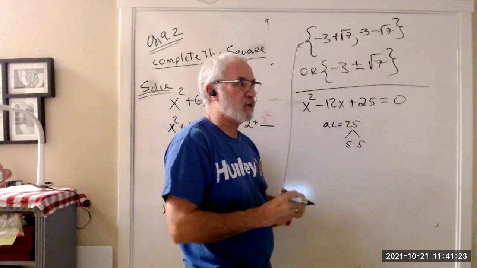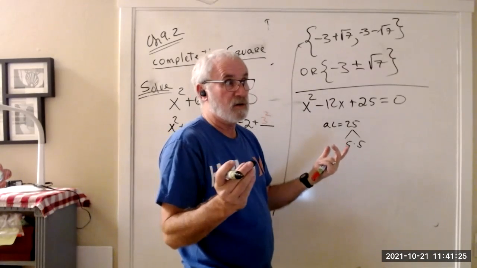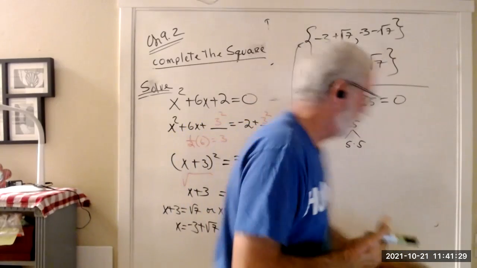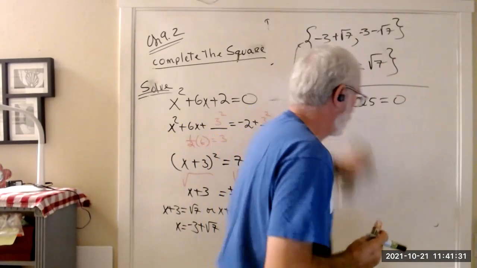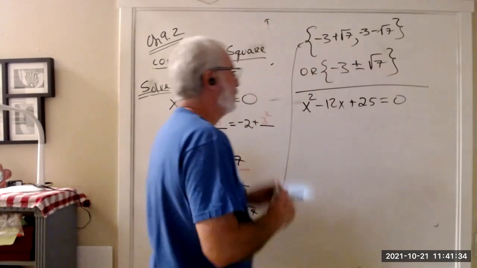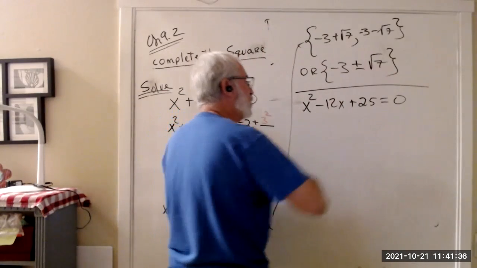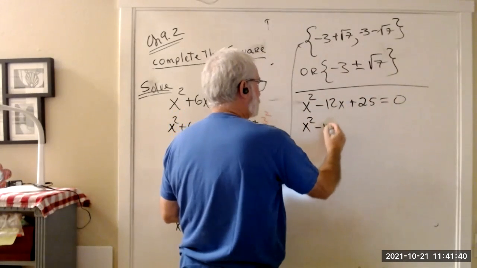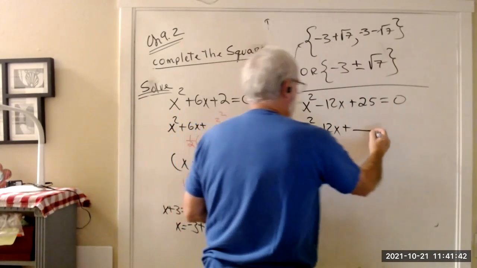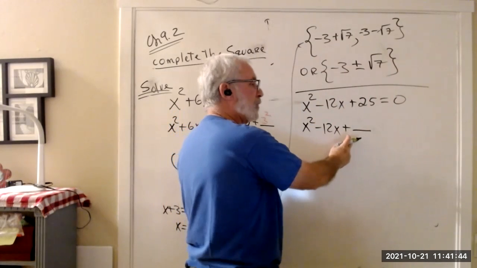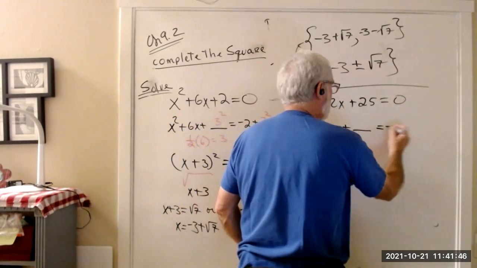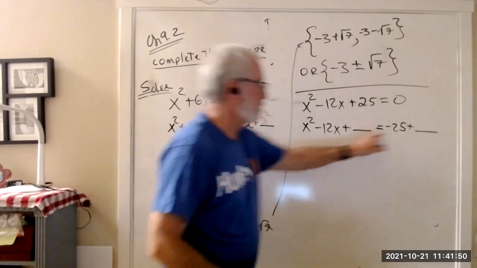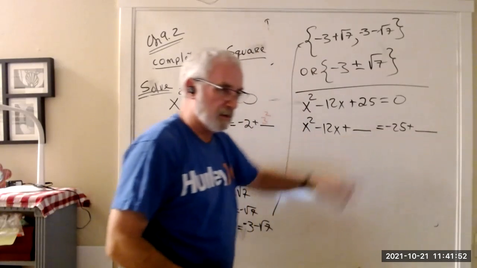So that tells us right now it doesn't factor. So we're going, damn it, doesn't factor. Got to use this new thing. So first thing I do is I move the 25 to the other side. Okay, I leave room for the magic number. But remember, I have to add it to both sides. That's what the double blank is.